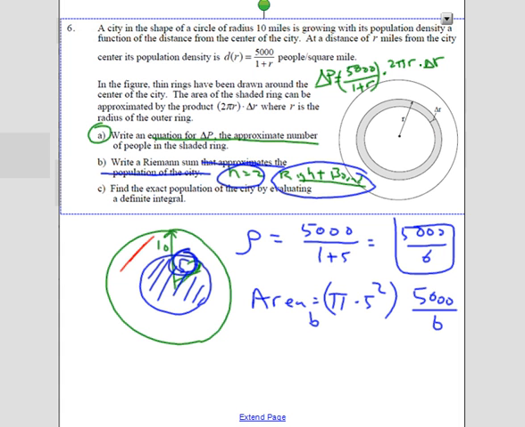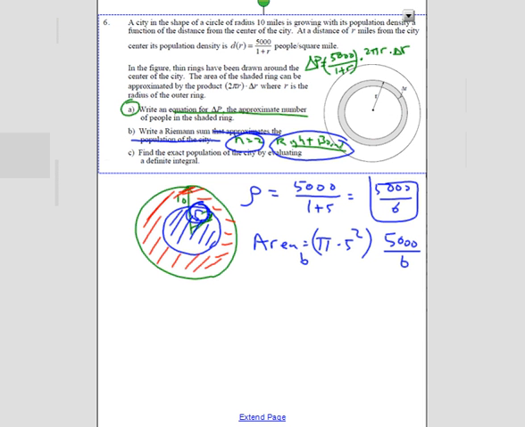And then the population that we add from the red part is the area times the density. Since it's a right bound, or an upper bound, we're using the density when r equals 10.